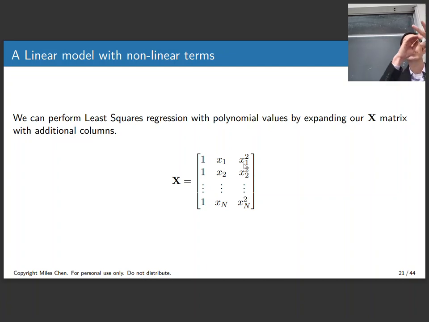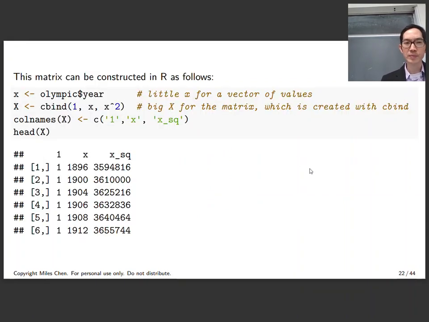And so when you do a constant times each of these things and you add them together, that's a linear combination, okay? It just so happens that the relationship between this column and this column over here is that this is the square of this column. But if you just called this, say, z or j or k or whatever, it's just a linear combination of these three terms. So it's still considered a linear model.